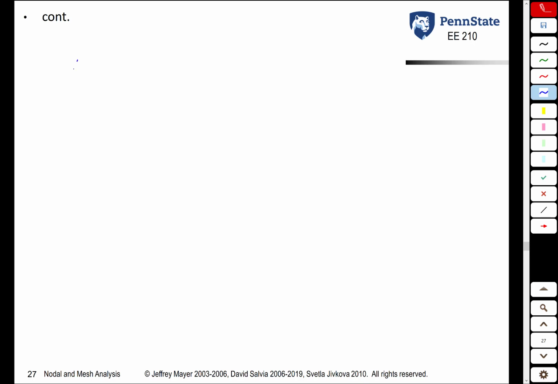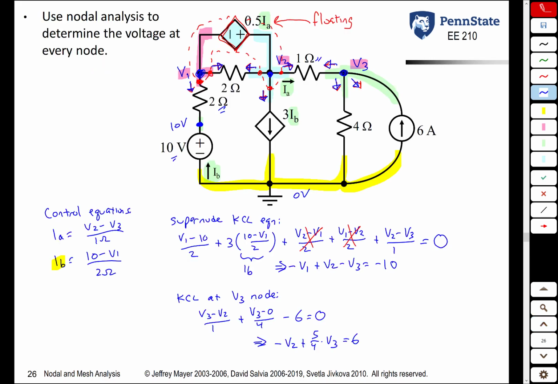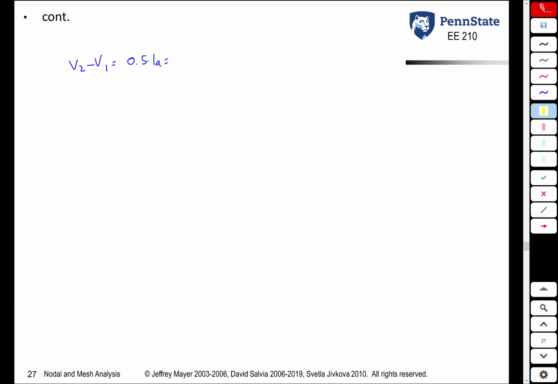We get V2 minus V1 is 0.5 times IA, but IA is what? IA was V2 minus V3 over 1. So this becomes 0.5 times V2 minus V3. This equation then simplifies to 2V1 minus V2 minus V3 is equal to 0.